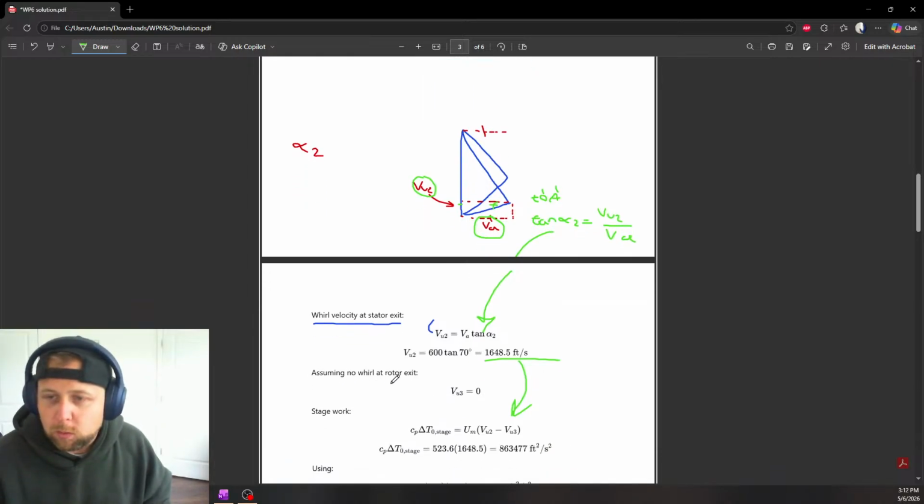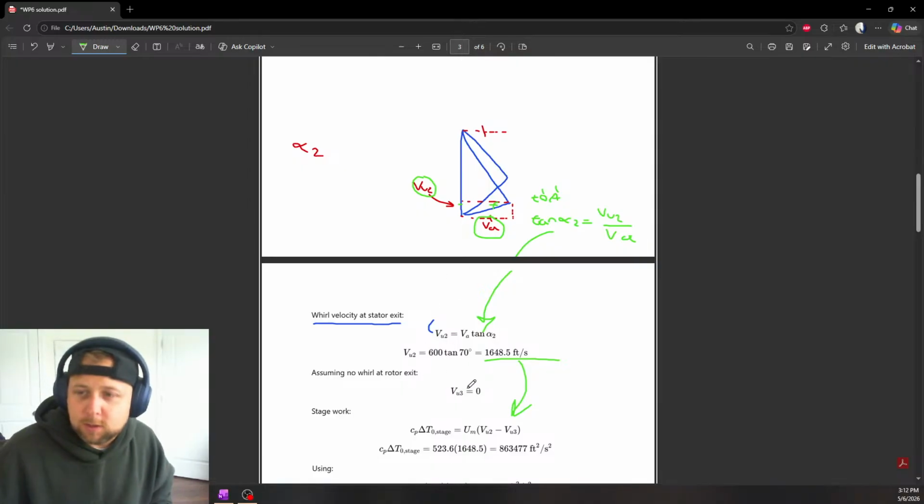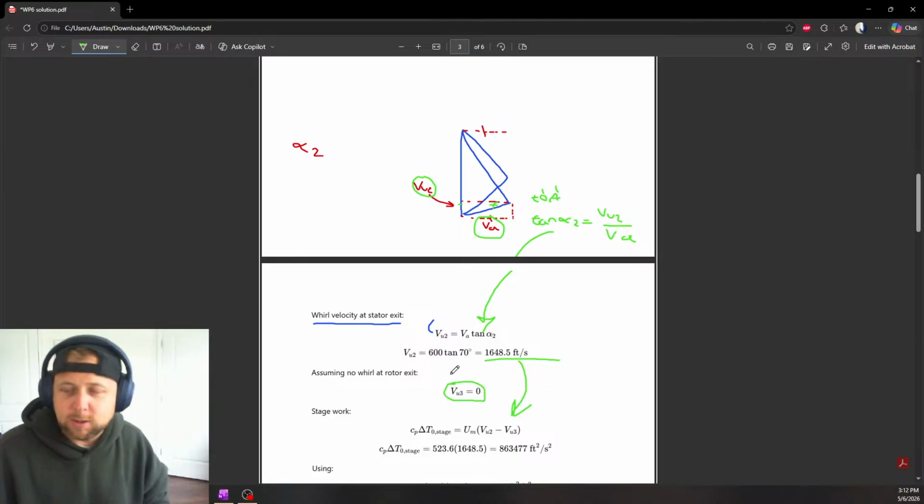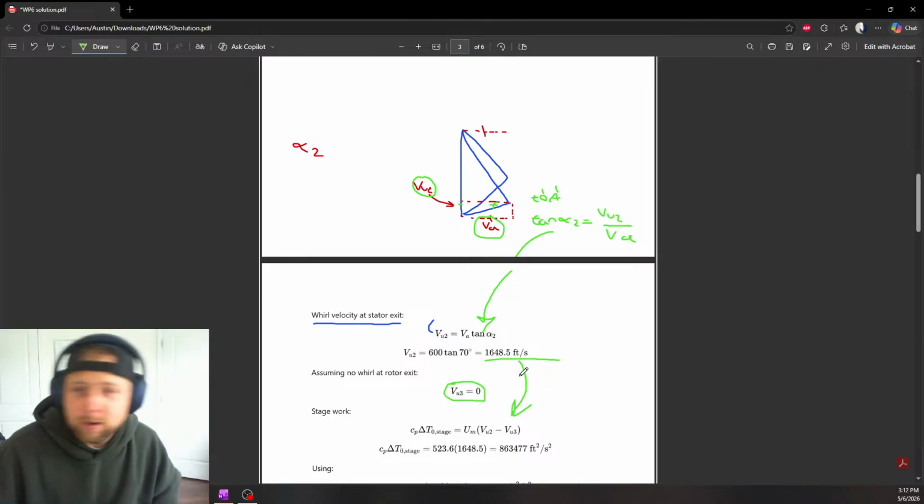So there's no whirl at the rotor exit, so it means there's no boundary separation. Everything's perfectly fine as that air comes out of there.